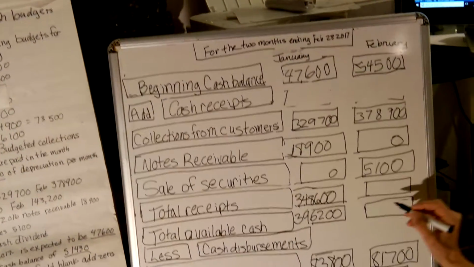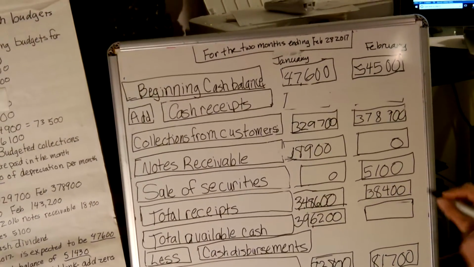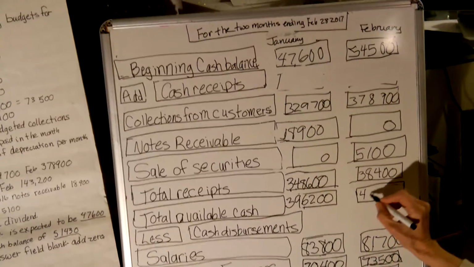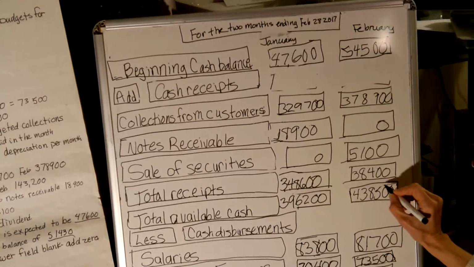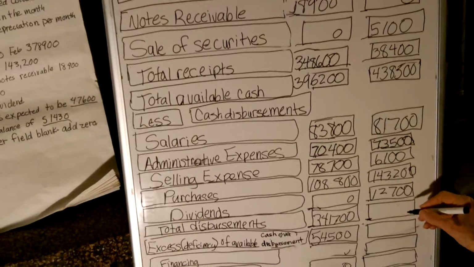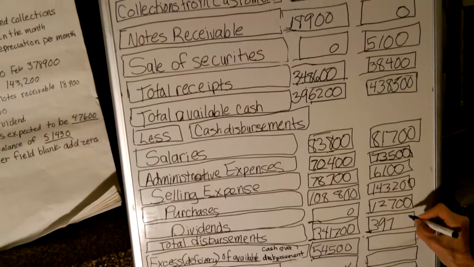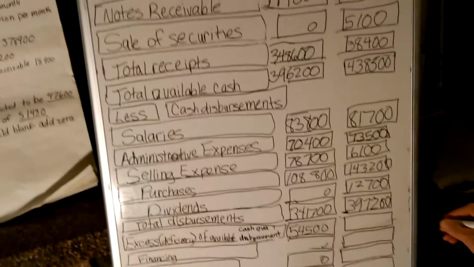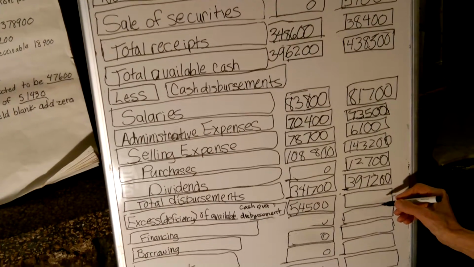So we get to total receipts, and that's 384,000. Then we add this and this together, and that's going to bring it up to 438,500. Then we come down here, add up all these, and that's going to bring us to 397,200.